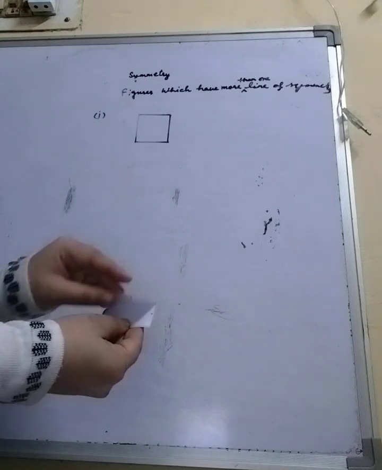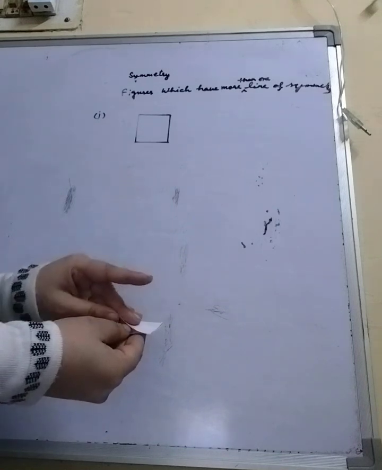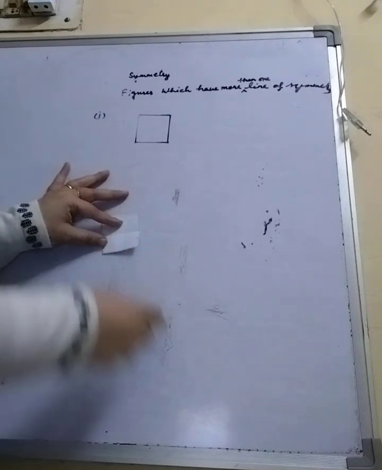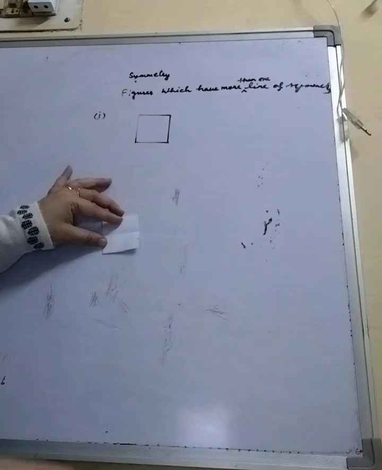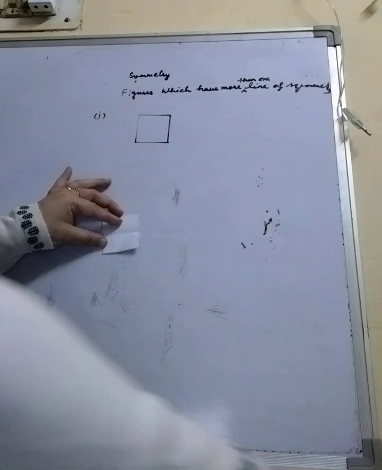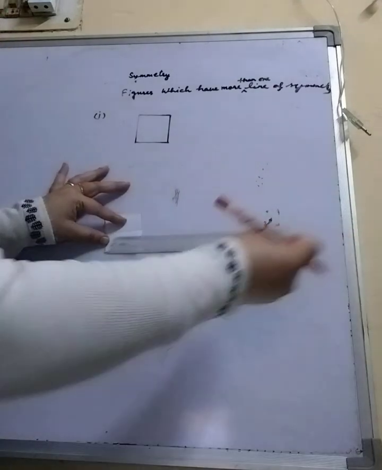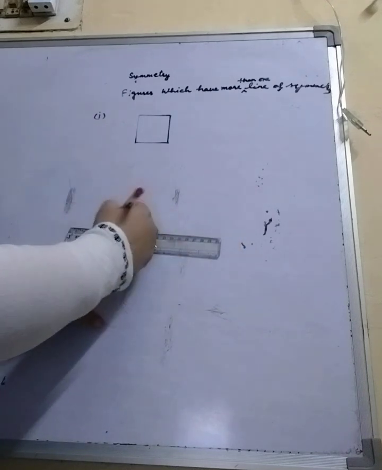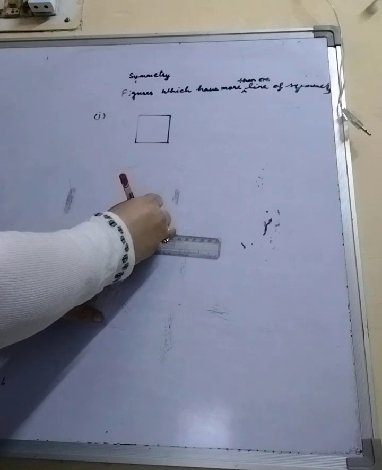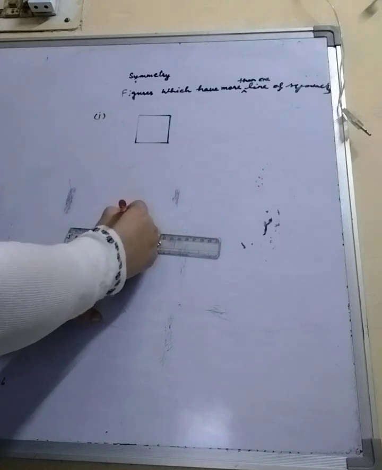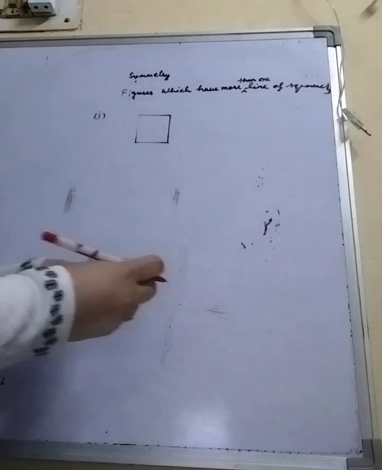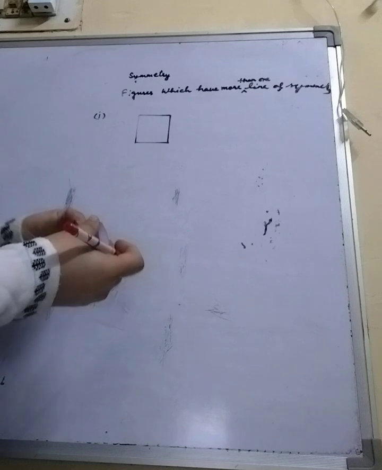So this is a vertical fold and horizontal line of symmetry. So first line of symmetry that I get on this sheet of paper of a square is this fold in which the first part exactly overlaps the second part. So this is your first line of symmetry.